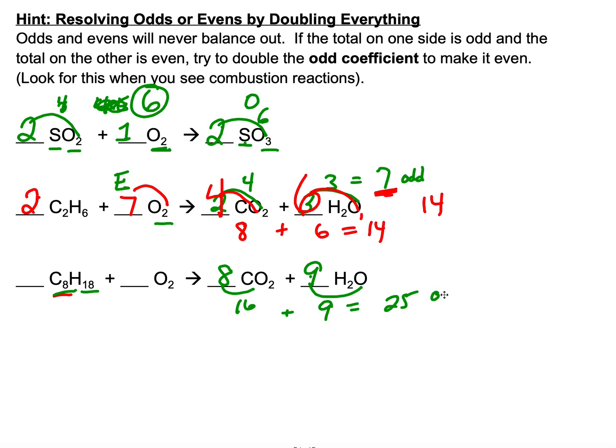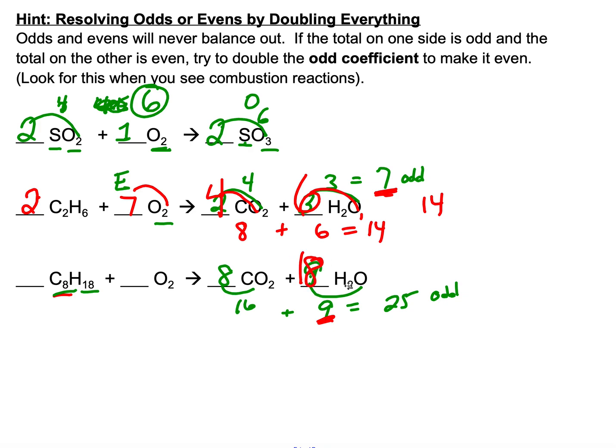That's odd. And no matter what I put over here, it's going to multiply by 2 and turn out even. So I have an odds and evens issue. So what do we do? Start doubling. I'm going to start here with the one that's making it odd. 9 gets doubled to 18.